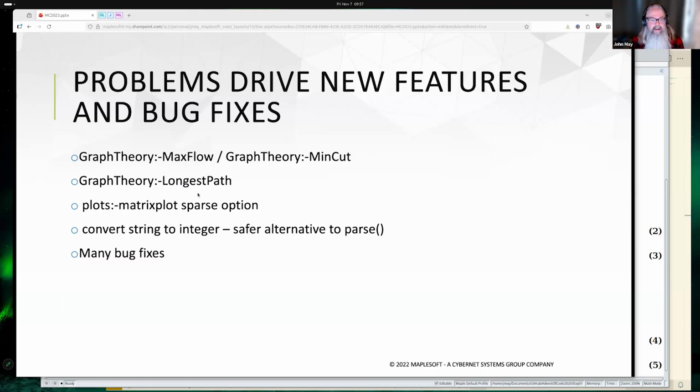I think I did not write the graph theory longest path routine. I think Steve Forrest did, but he did it because I complained that we didn't have one, because one of the problems one year ended up being finding the longest path in a graph, which is an interesting problem, and actually harder than it seems.